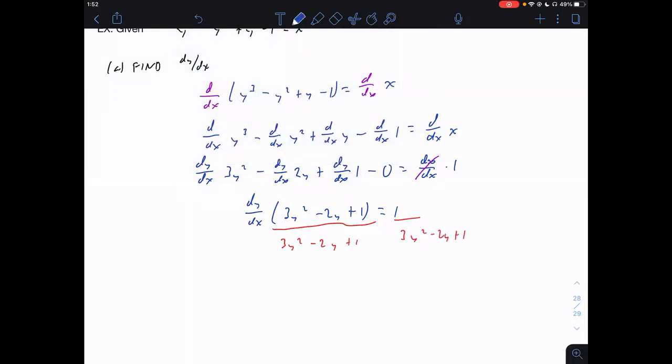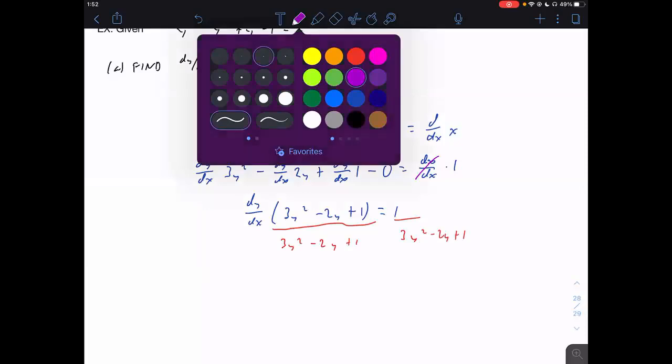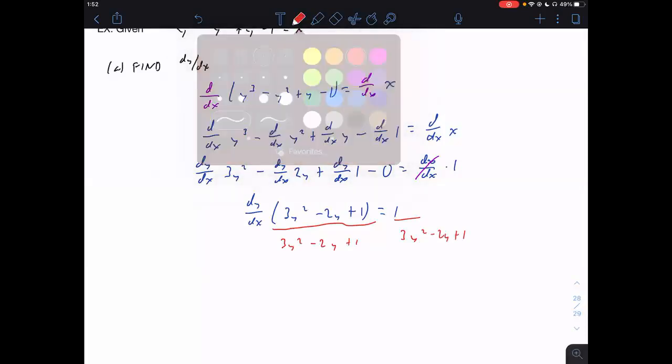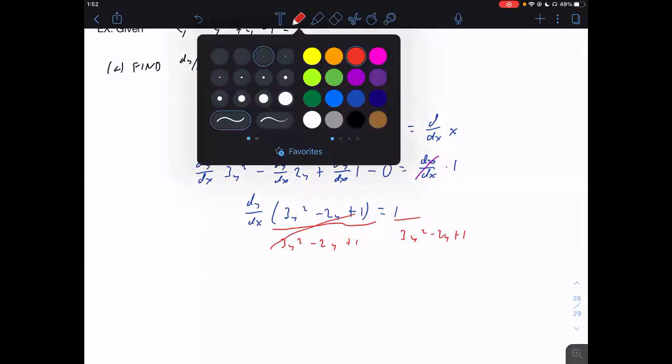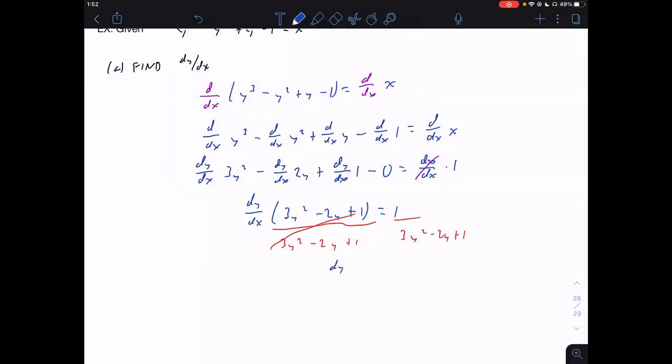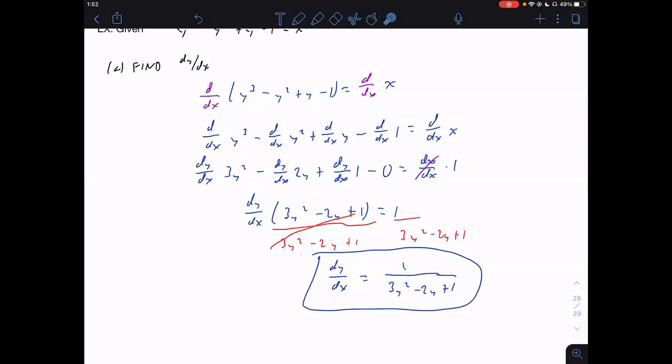So these two expressions cancel out, leaving us with dy over dx by itself on the left-hand side, equal to 1 over 3y squared minus 2y plus 1. All right, and that's our solution for that implicit derivative of dy over dx. And nothing else we can do here because there's no common factors between these four terms.